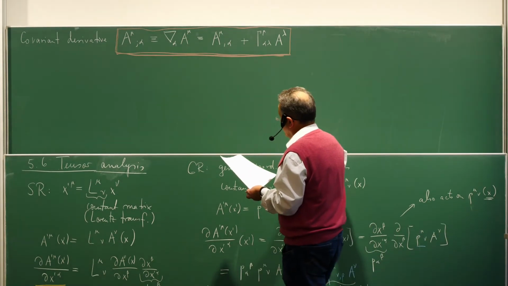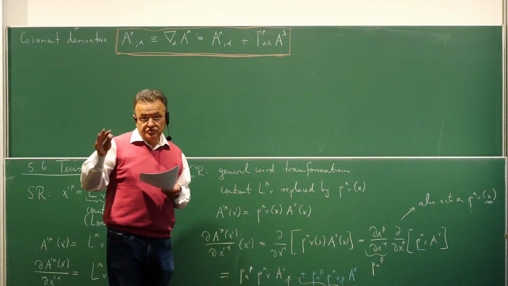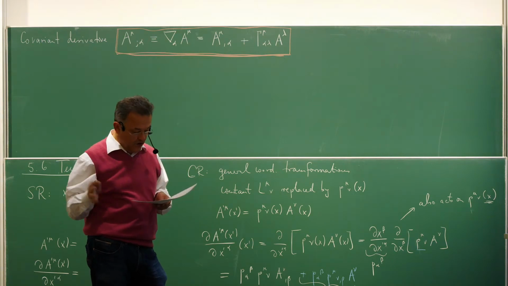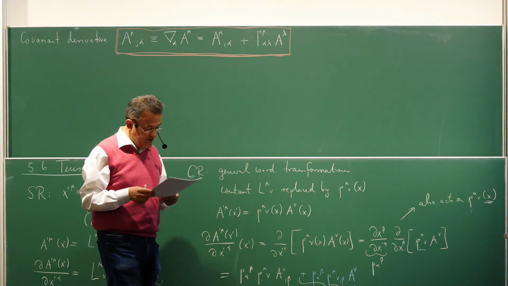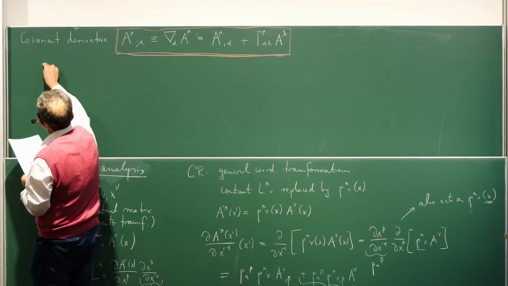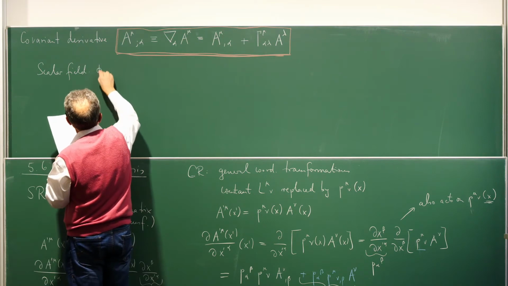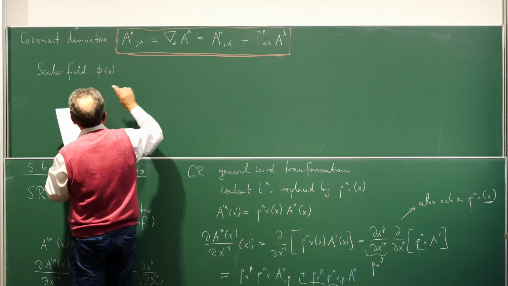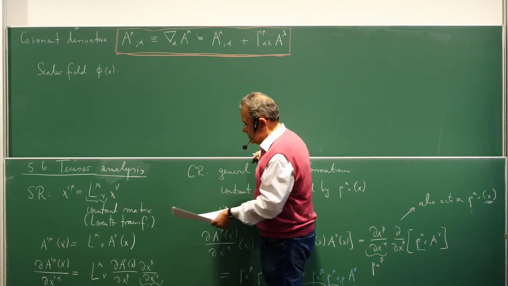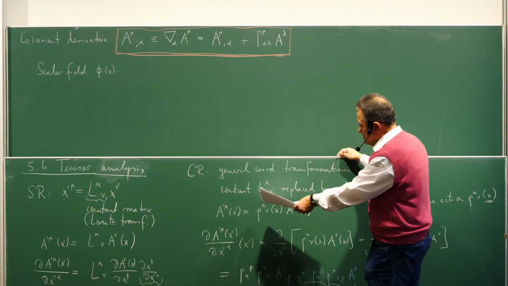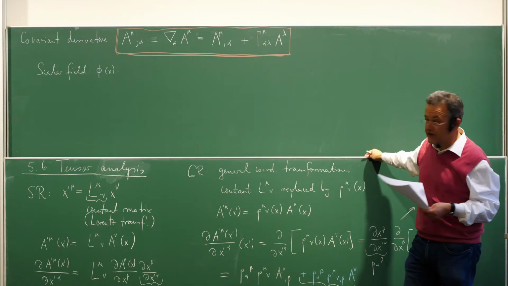Now, to get further insight, let us go to the various cases, scalar field and also the covectors and general tensor fields. So if we have a scalar field phi of x, then because this has no indices, it does not transform with the p, because phi prime of x prime, as you recall, is phi of x.